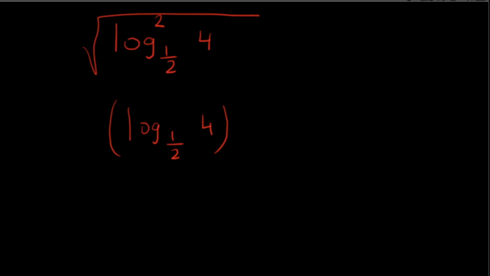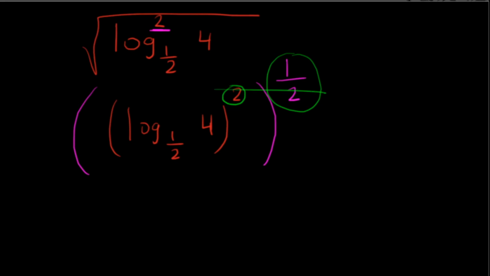And then we're squaring the log here. So this square is on the log, not on the 4. And then we're going to raise it to the 1/2 power. An exponent to an exponent, so like the 2 and the 1/2, those are going to cancel out. So this will be reduced to log base 1/2 of 4.